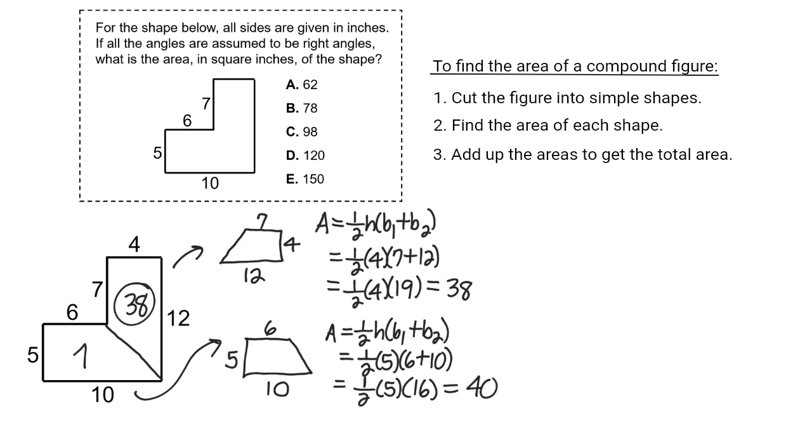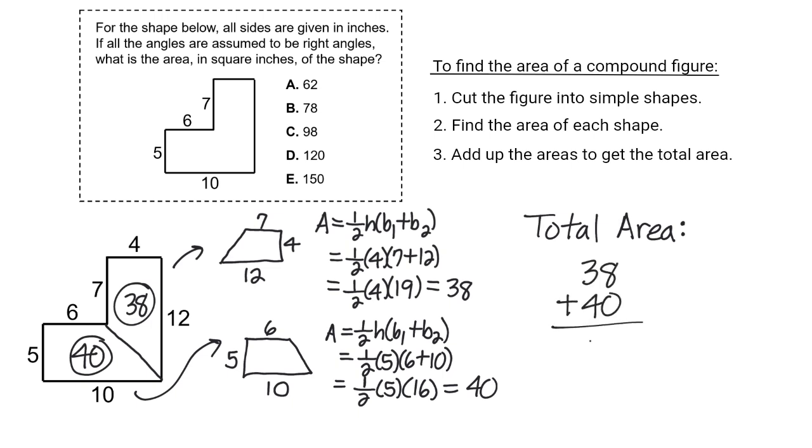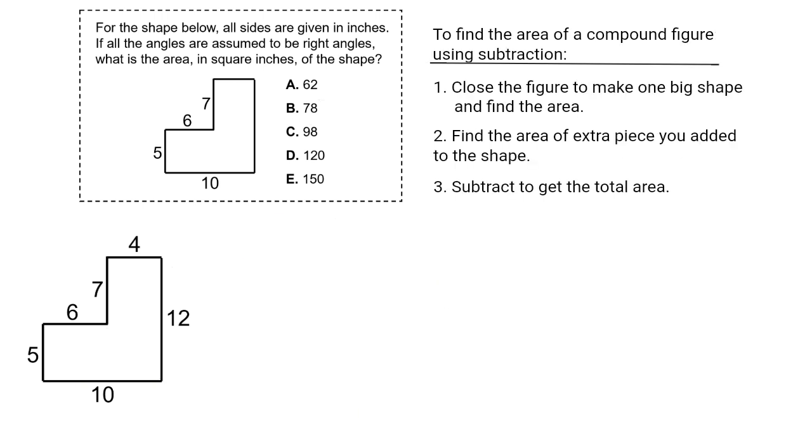So the area of the other trapezoid is 40. Getting the total area, it doesn't matter how you cut this figure, as long as you get the correct figures and get the correct areas, it won't even matter. The total area will be 38 plus 40, and once again, the area is 78 square inches. The answer is B.